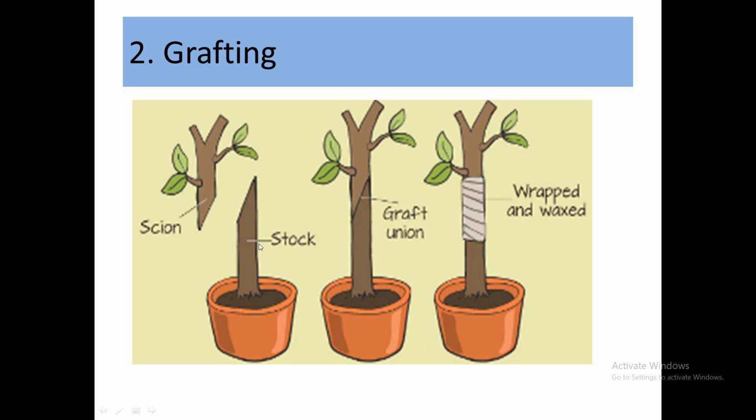That plant is called the stock. You have to join them in such a way that they fit together like a lock and key, and you have to wrap it, and this will act as a single plant. Generally grafting is used in rose, pear and apple.